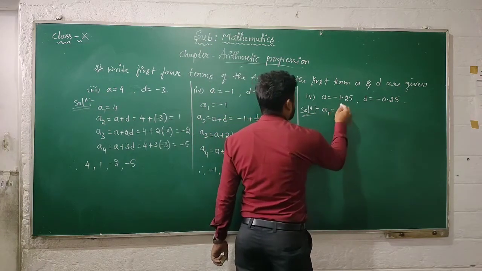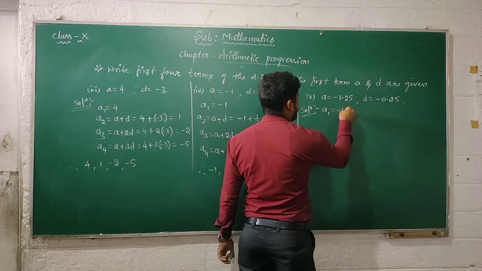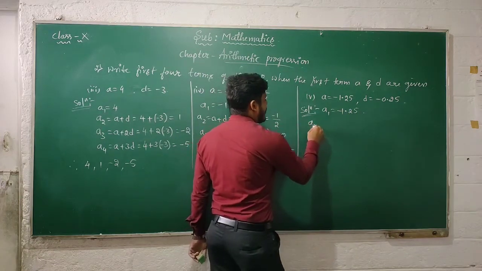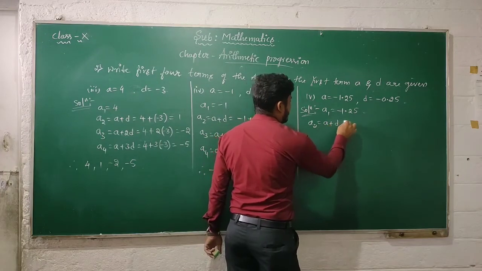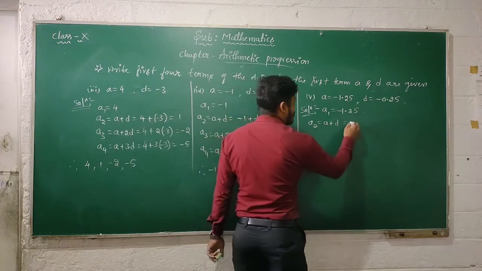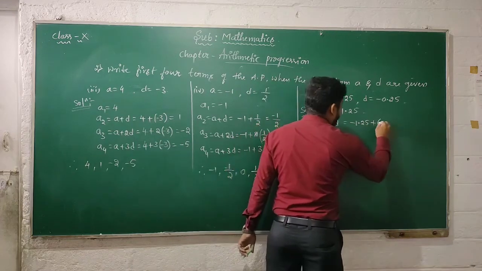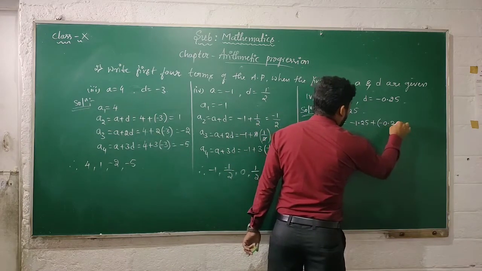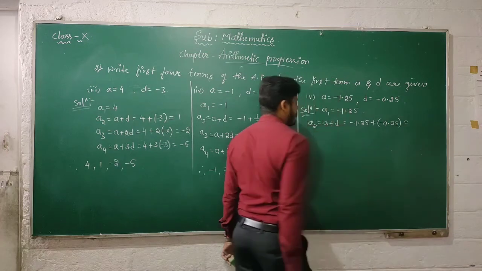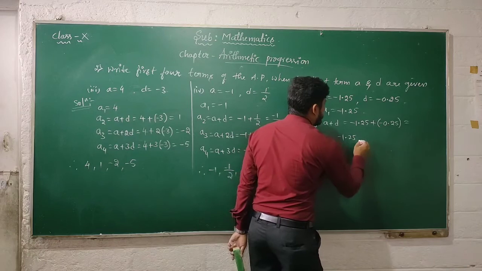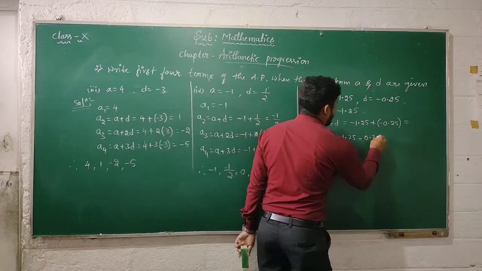So a1 is equal to a, minus 1.25. Then a2, the second term, this is equal to a plus d, this is equal to minus 1.25 plus minus 0.25.